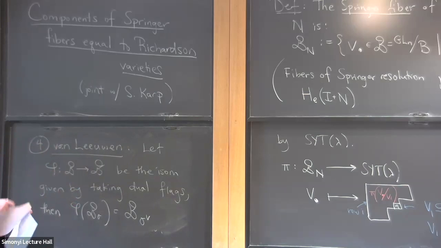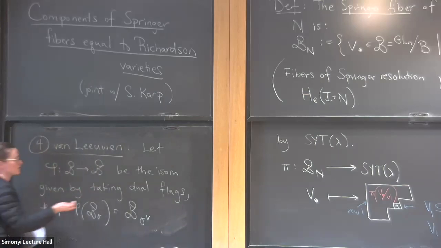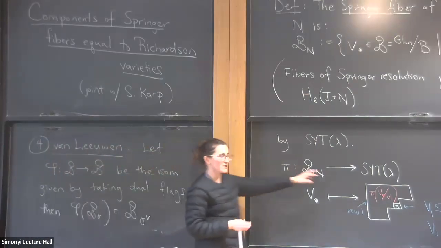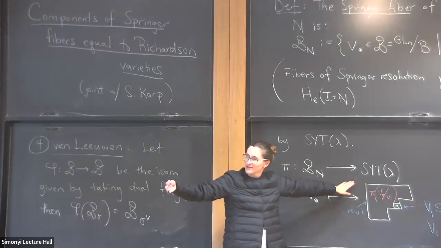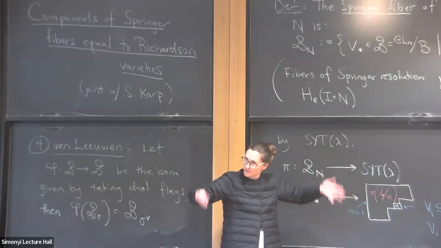Dual flags means flags of quotients. So when you say taking dual flag, that means I can take duals of vector spaces and I'm going to get quotients. That's one way to do it. That's right. And then reorder. Yeah, exactly. Which is also one of the reasons why I was saying that the other natural thing to do here is restrict your flag to the n-1 subspace.